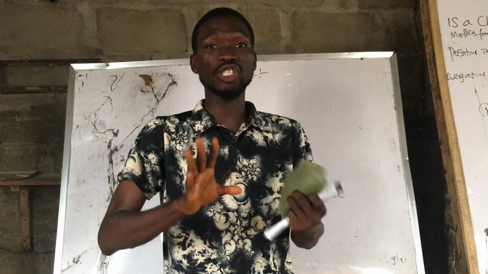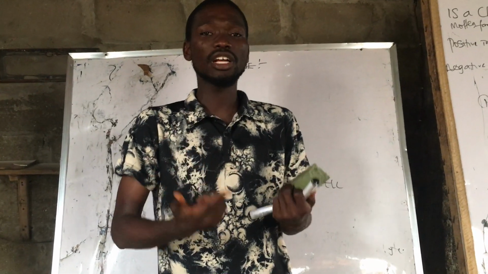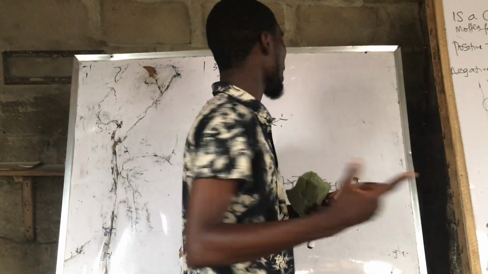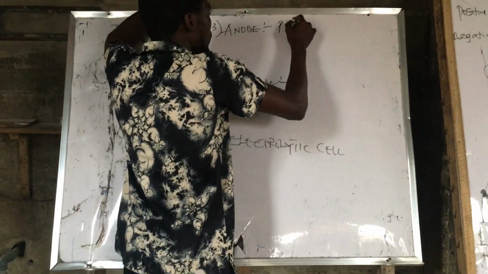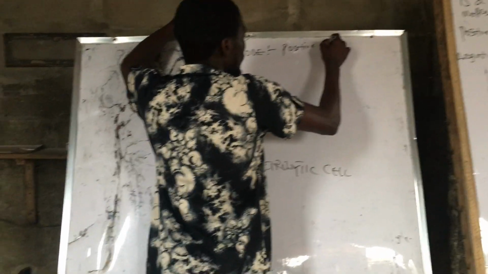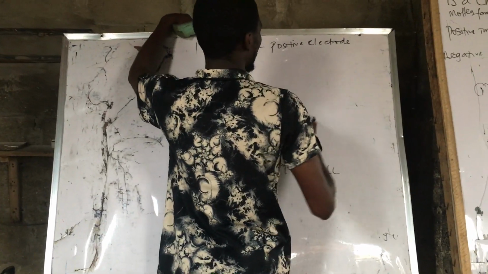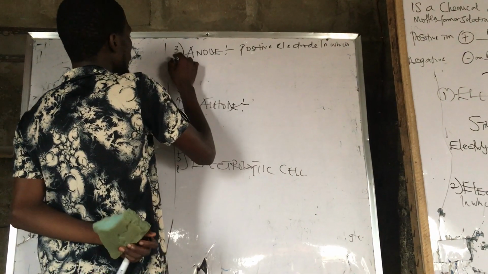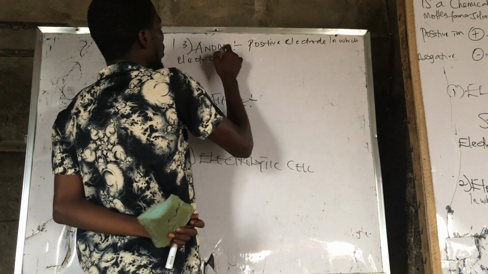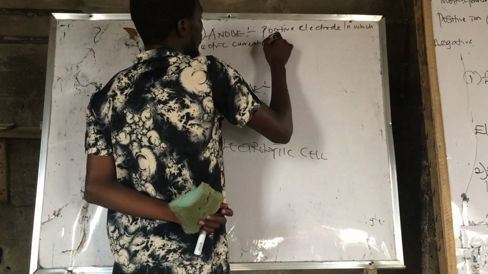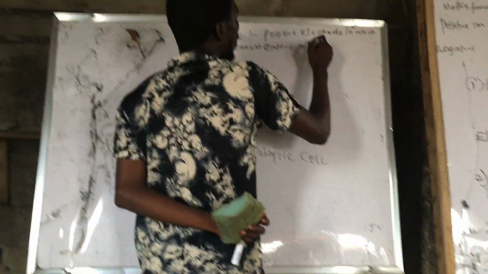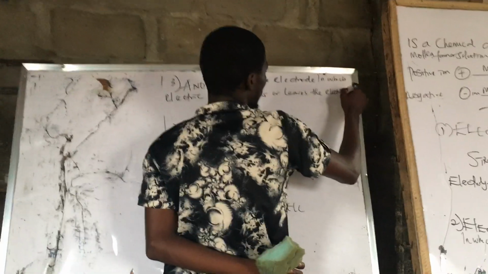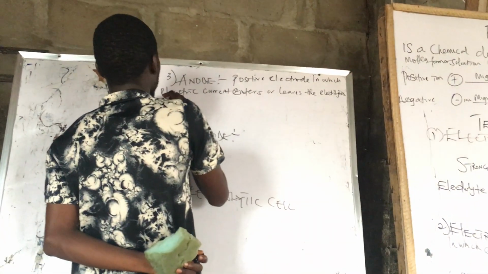Again, an anode is a positive electrode in which electric current enters the electrolyte or electrons leave the electrolyte.